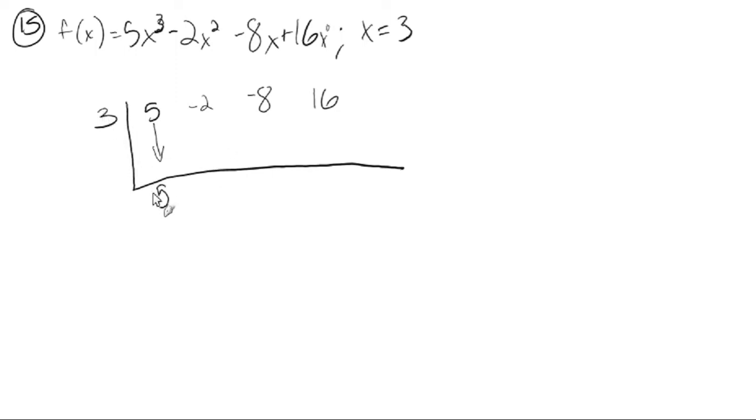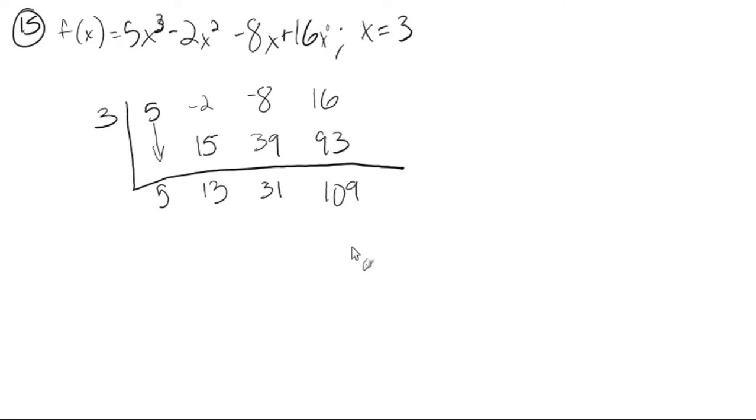So you multiply 3 times 5, that's 15, put it here, and now you add these two numbers together. 15 plus negative 2 is 13. Now you multiply 3 times 13, that's 39, minus 8, that's 31. 3 times 31 is 93, and 93 plus 16 is going to be 109.